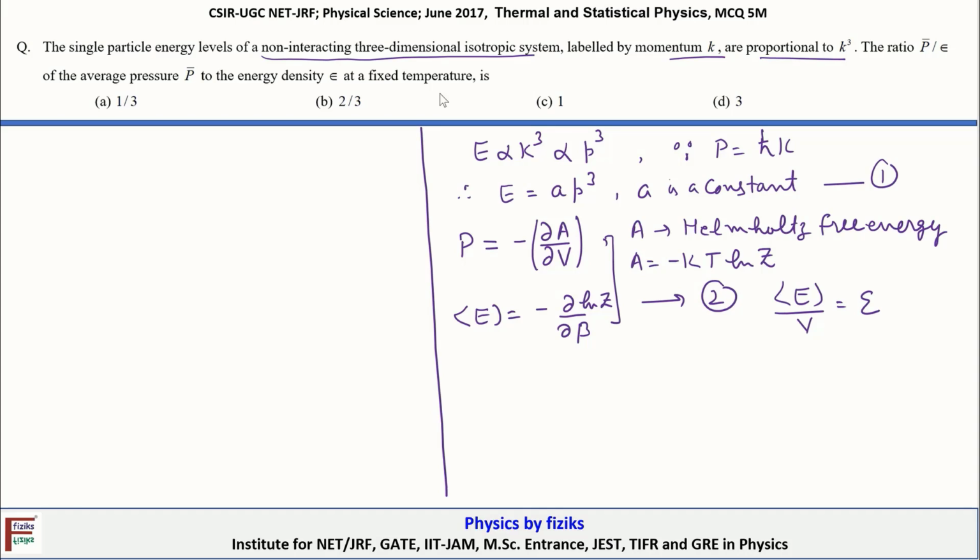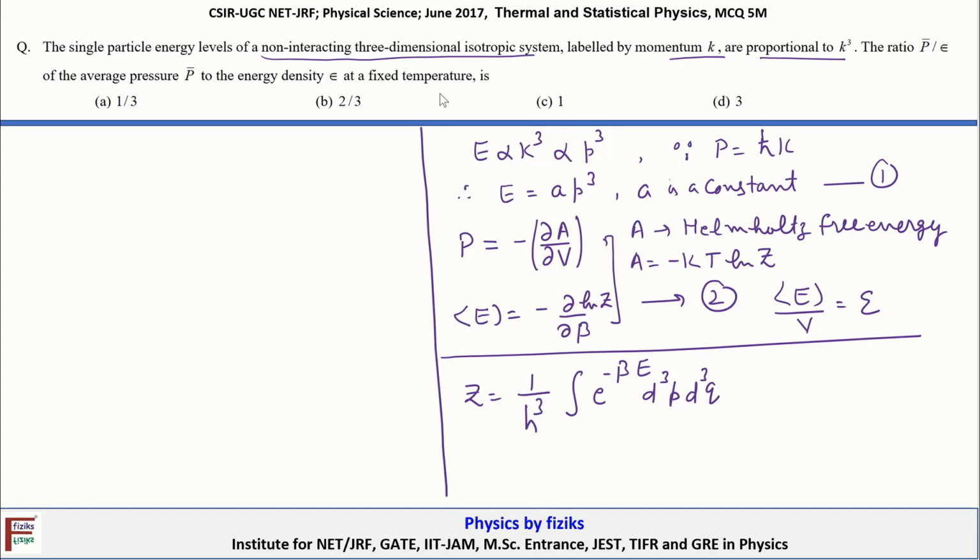Okay, so now let's try to find the partition function for this system. The partition function is given as Z equal to 1 by h cube, integral of exponential minus beta E, d3q d3p.